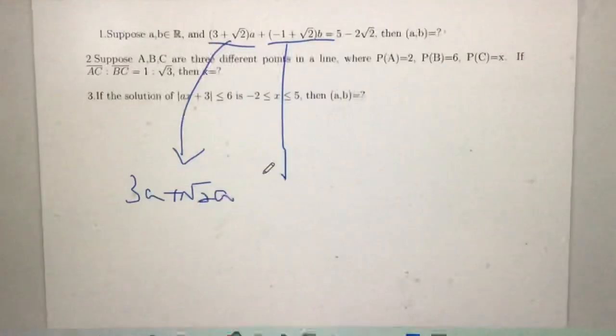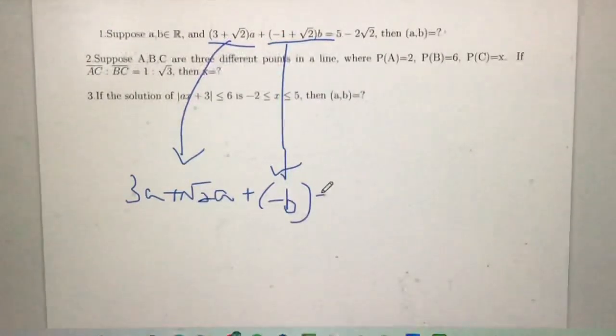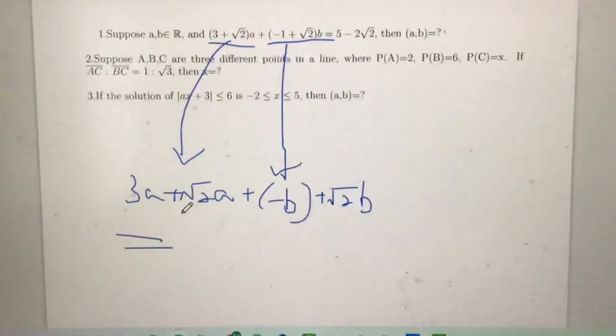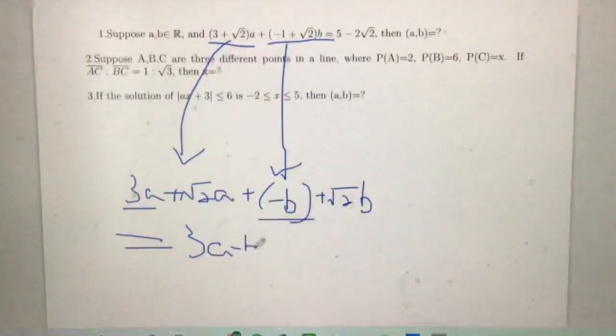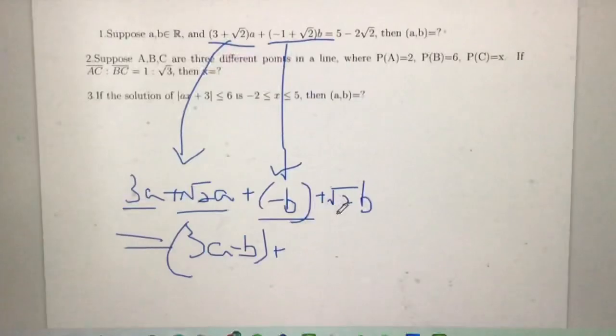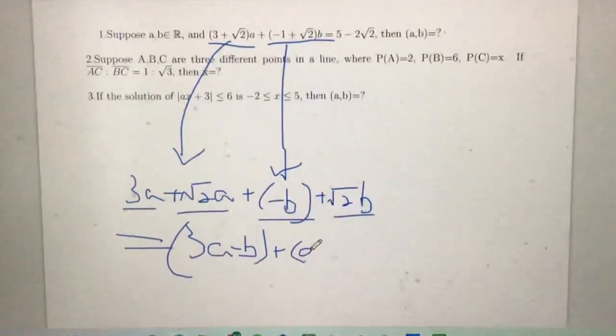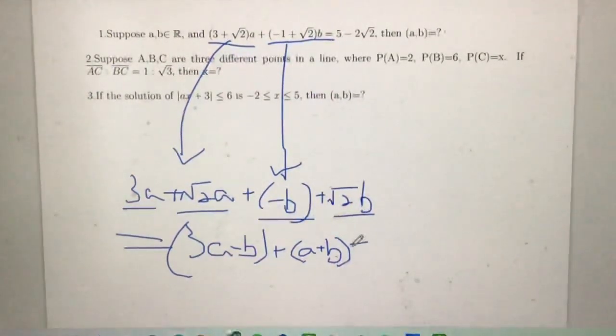And this one will be minus B and plus square root 2 times B. And we put these two together, 3A minus B. And get these two together, that means A plus B times square root 2.